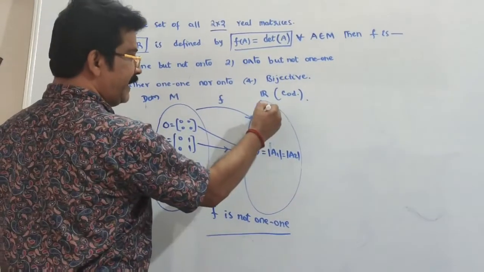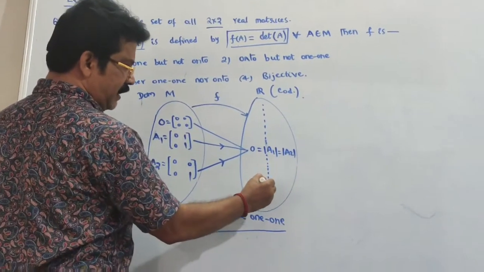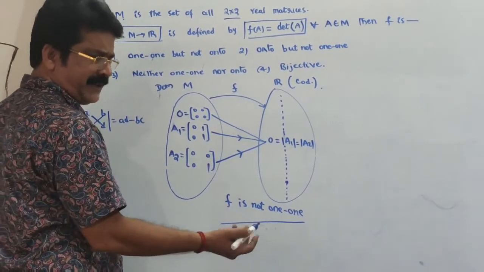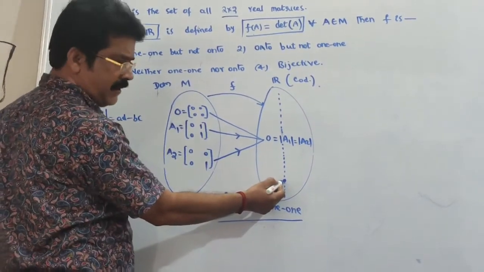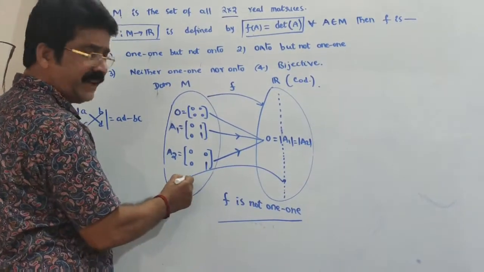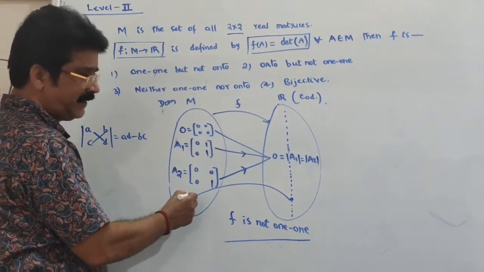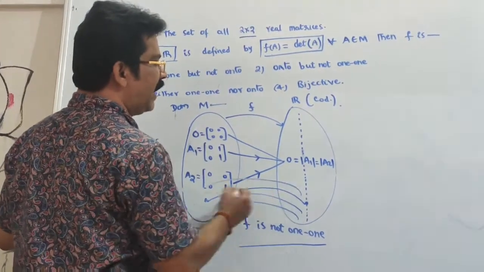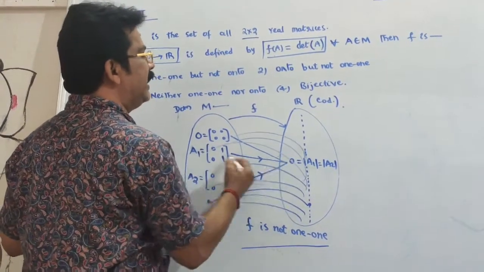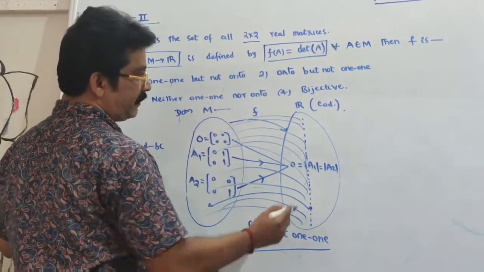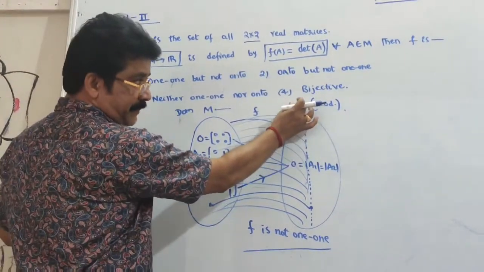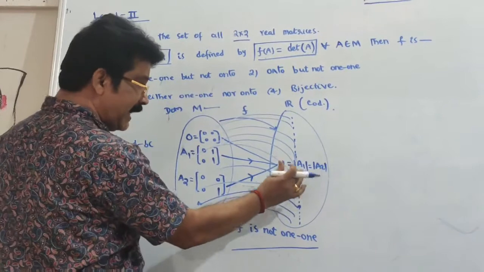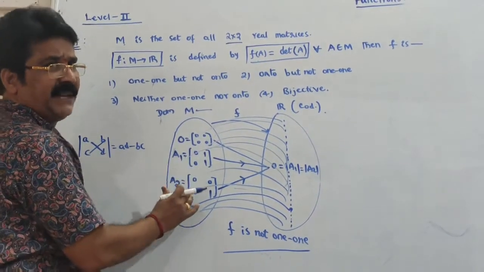Next, for every real number in this set of real numbers, there will definitely be some 2 by 2 matrix in capital M whose determinant is that number. Thus, every element of capital R, the co-domain, will act as the image of an element of the first set, the pre-image set.